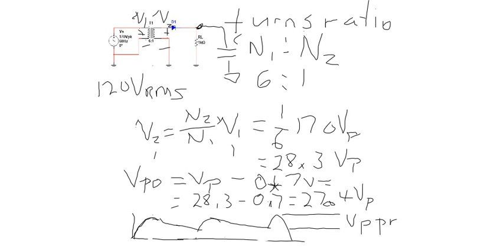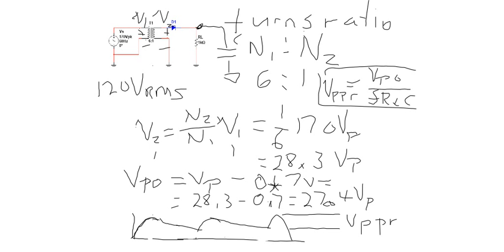I'm running out of room on this page, but I would like to put all this on the same page, so I'm going to put that right here. That's going to be my output peak voltage divided by the frequency, the load resistor, and the capacitor.